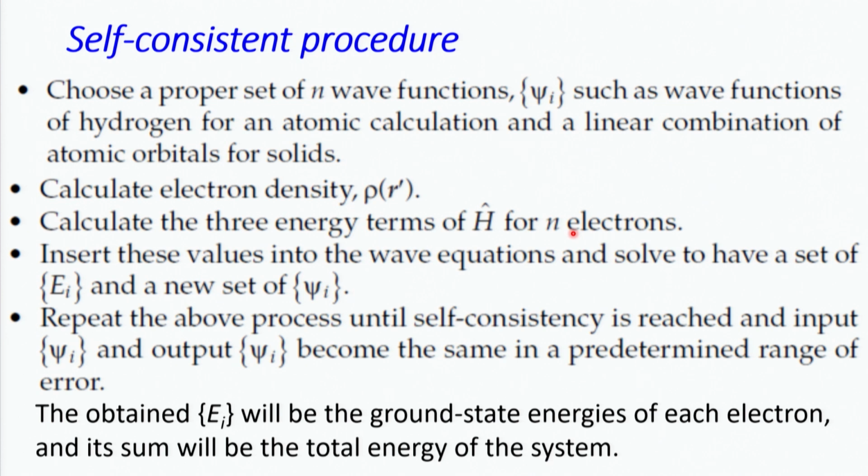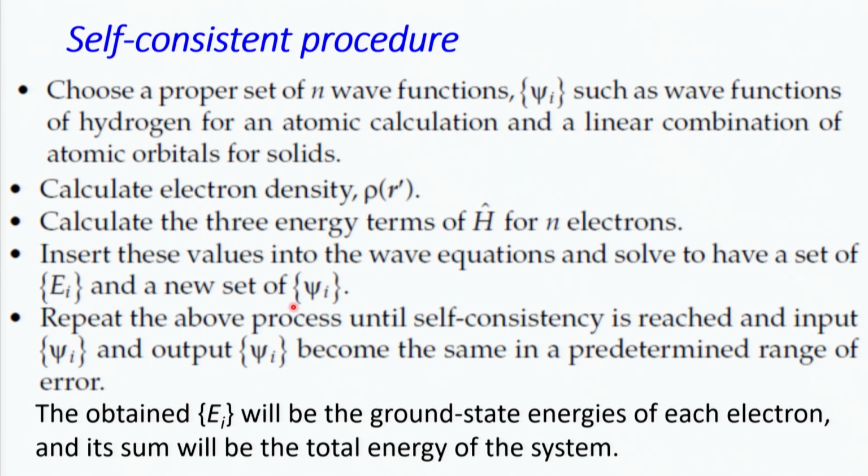Then insert these values into the wave equation and solve to get a set of Ei and a new set of psi i. So essentially at every step we are changing psi i, and in turn we are also changing Ei. At each step Ei should keep decreasing.